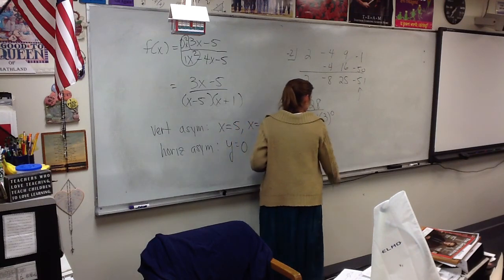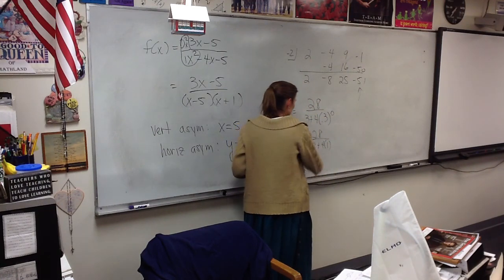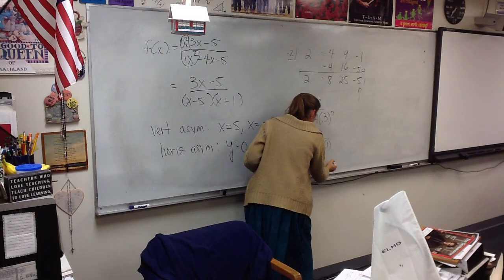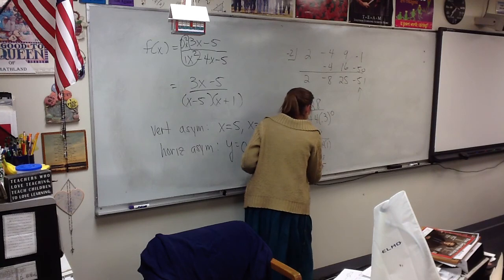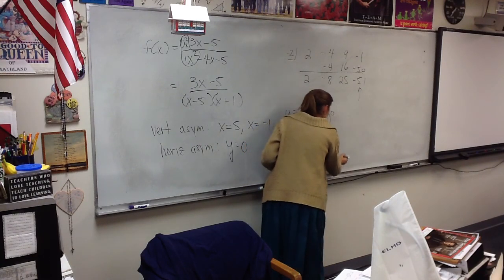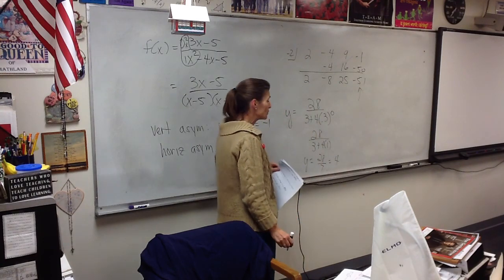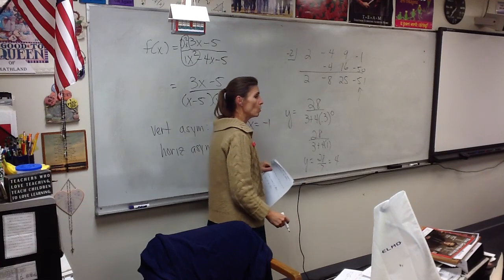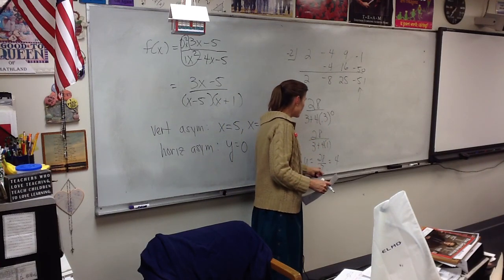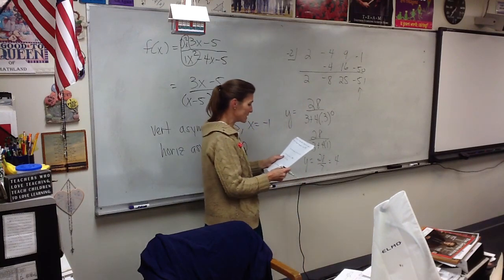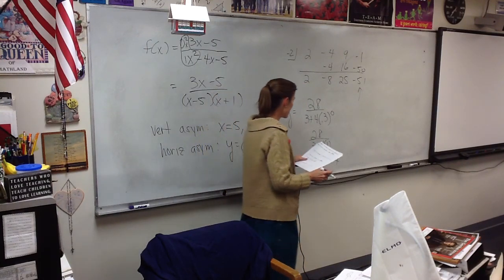What's 4 times 1? 4. So what's my denominator? 7. So what's my y-intercept? My y-intercept is 4. If you let x be 0, that becomes 1, so your denominator becomes 7. You have 28 over 7, which is 4.